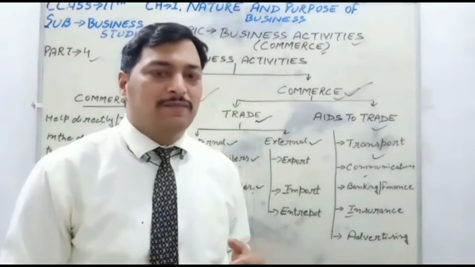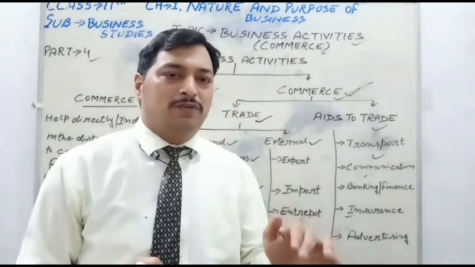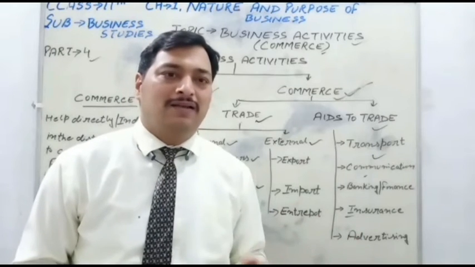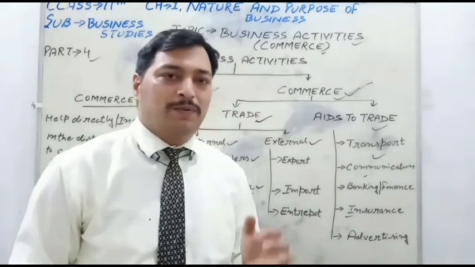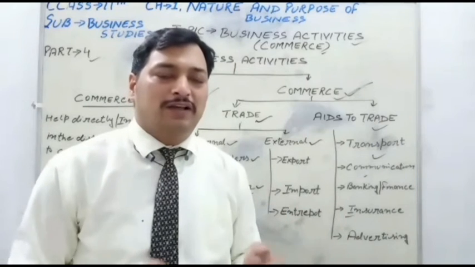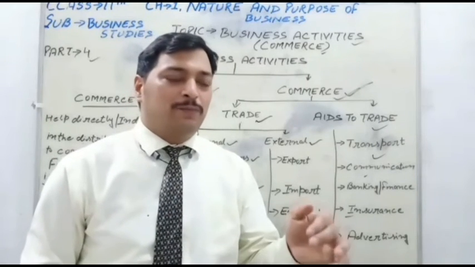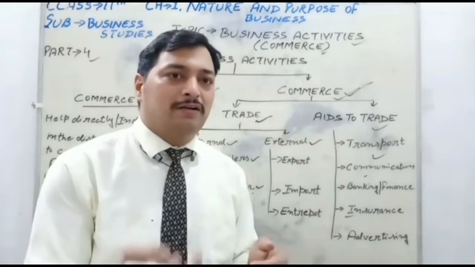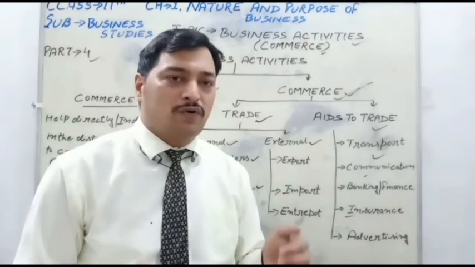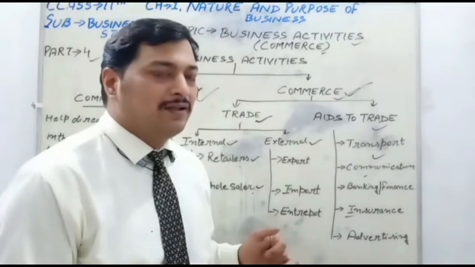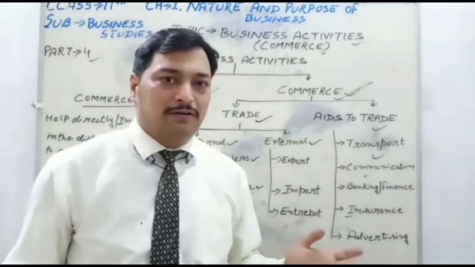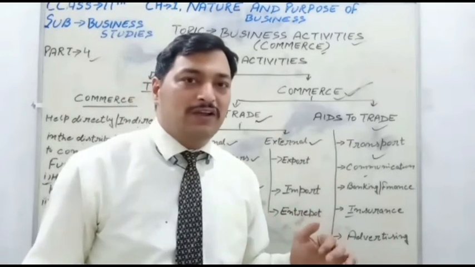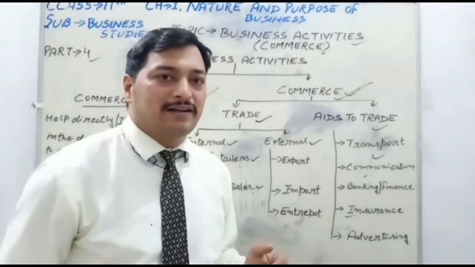So the insurance company will pay the amount to cover the risk. In return, the businessman pays a premium, a minimum amount to the company yearly or half-yearly, and at the time of risk the company will pay the risk amount. It is possible because of aids to trade, since if businessmen continue doing business, there are chances of risk occurring.